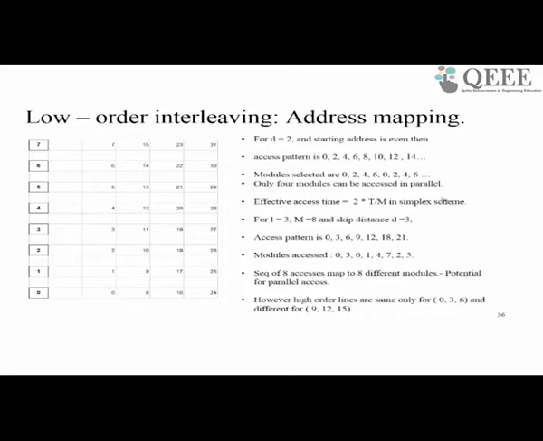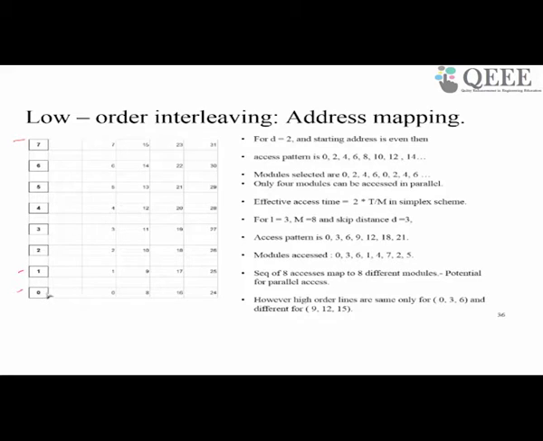Now let us look at how this low order interleaving will work for different skip distances. Let us assume that we have a low order memory interleaving scheme with 8 modules, numbered 0, 1 up to 7. Let's see how addresses get mapped, because all those addresses whose lower order 3 bits are 0, 0, 0 will get mapped onto memory module 0, since module 0 will be selected if the lower order 3 bits are 0, 0, 0.